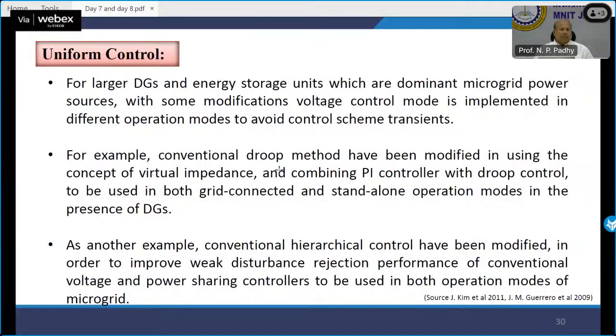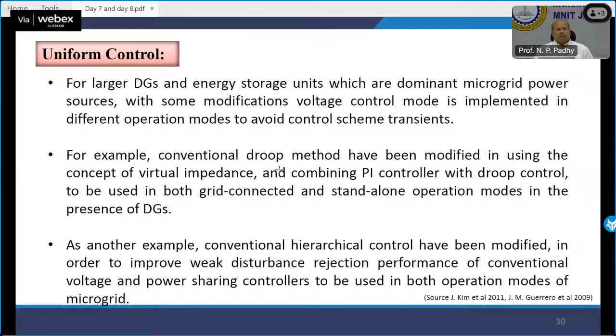For an example, conventional group method has been modified using the concept of virtual impedance and combining PI controller with group control to be used in both grid connected and standalone operation mode in the presence of distributed generations.